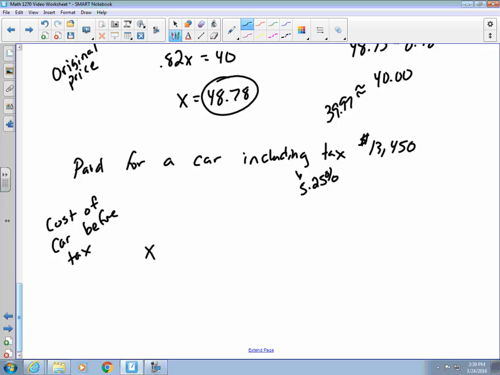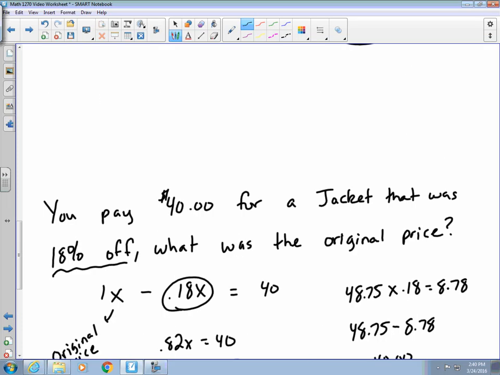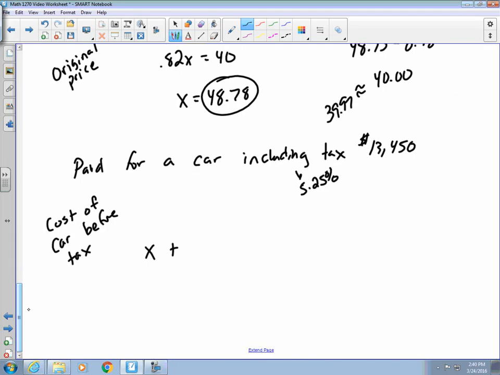That's the same idea, having to work backwards and set up an equation. But instead of it being a subtraction like we did before, it's an addition. Before, there was a discount, so you took your original price and subtracted off the discount. Versus here, you take your original price of the car and add in the tax. The tax is going to be 5.25% of however much the original car is, and we know the total is $13,450.